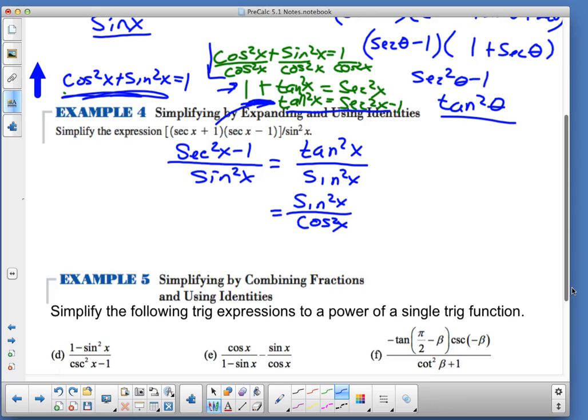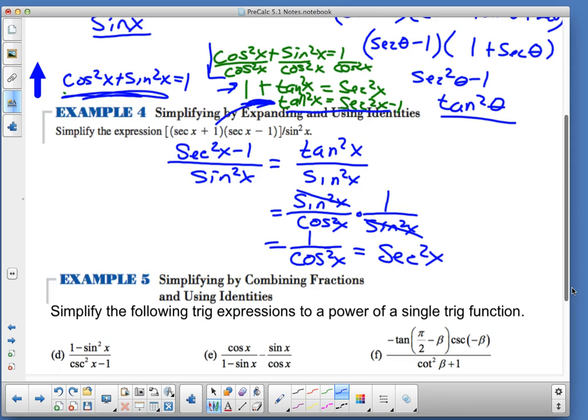And I'm dividing it by sine squared x, so it's the same as multiplying by 1 over sine squared x. The sine squared x's knock each other out and that becomes 1, so I get 1 over cosine squared x. Well, 1 over cosine squared x is secant squared x, because 1 over cosine is the same as secant.